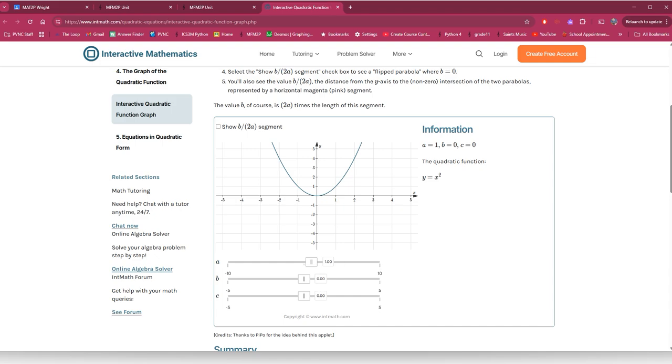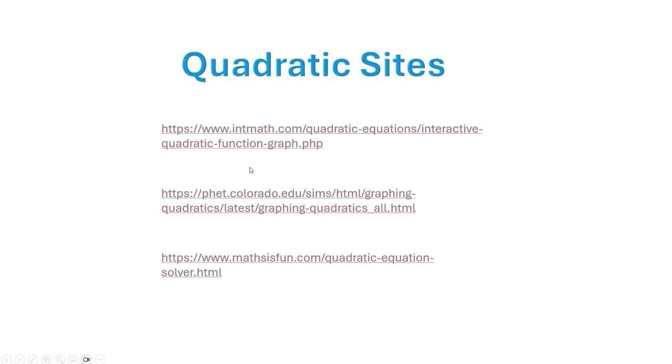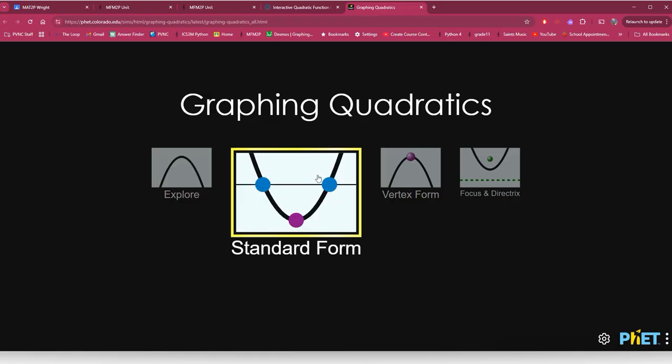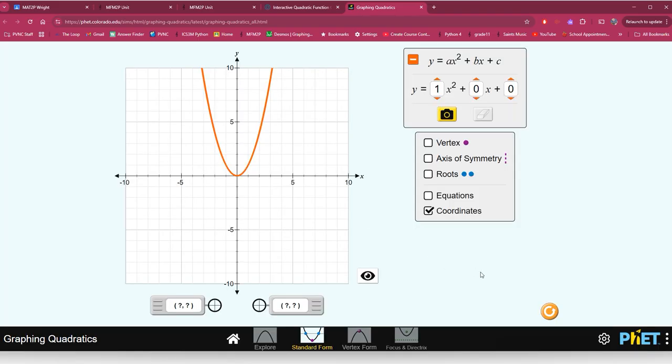There's another site here. Let's have a look at that. For the time being, we're interested in something called standard form. So we'll click on that. And here we have just a slightly different way of changing these values.